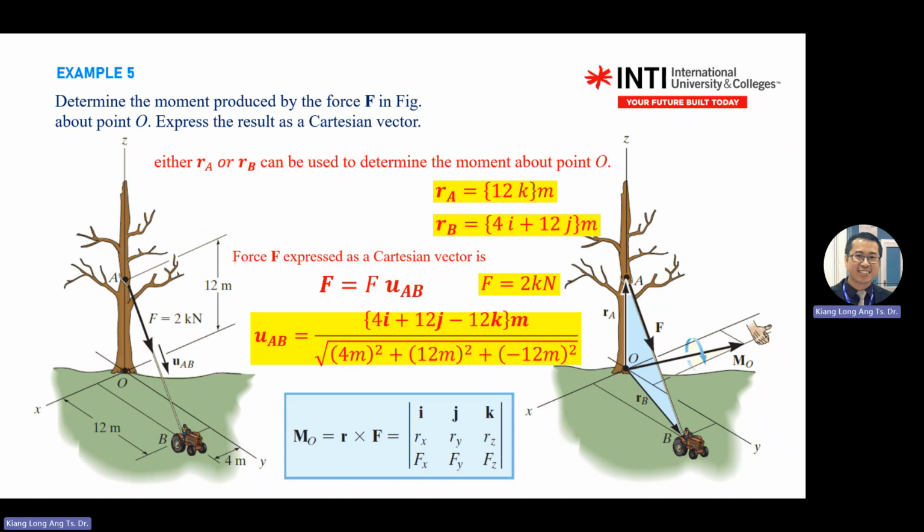And you need to move down negative 12 meter, so negative 12k bracket meter. This is the vector direction that is from A to B. The direction A to B means to find the R for UB. Magnitude, square root.